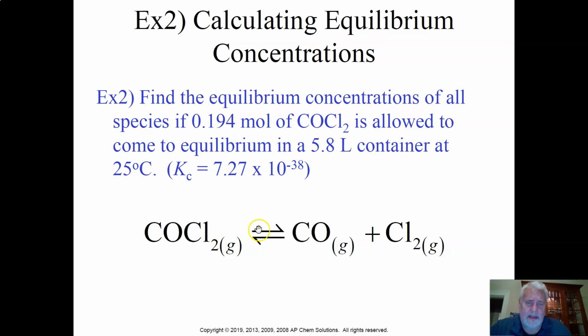Hopefully you know enough about equilibrium to question the effectiveness of using this if so small an amount of chlorine gas is produced. And that, in fact, is true. This reaction would not be deadly. You could have some phosgene sitting in the classroom, and we'd be okay. A little bit of extra carbon monoxide, a hint of green chlorine gas, but such a small amount with this kind of equilibrium constant.